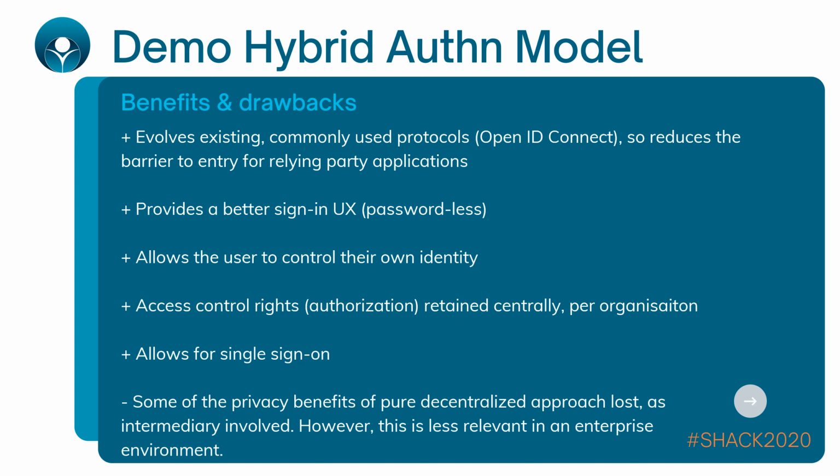It allows the user to control their own identity. Access control rights or authorization is retained centrally per organization, and it also allows for single sign-on, where the user can sign in once and gain access to multiple systems, which is not the case with a pure decentralized identity authentication.